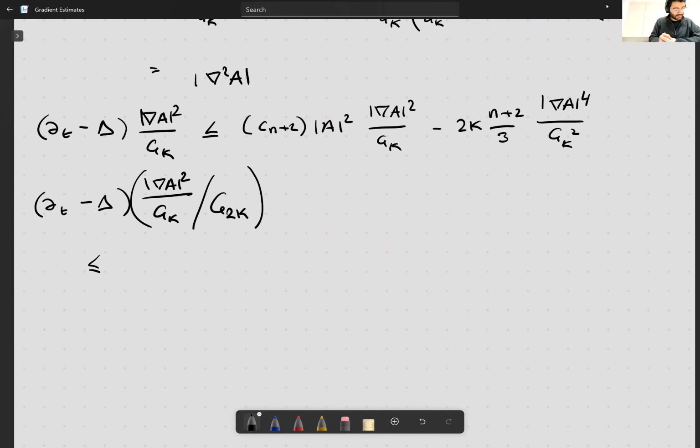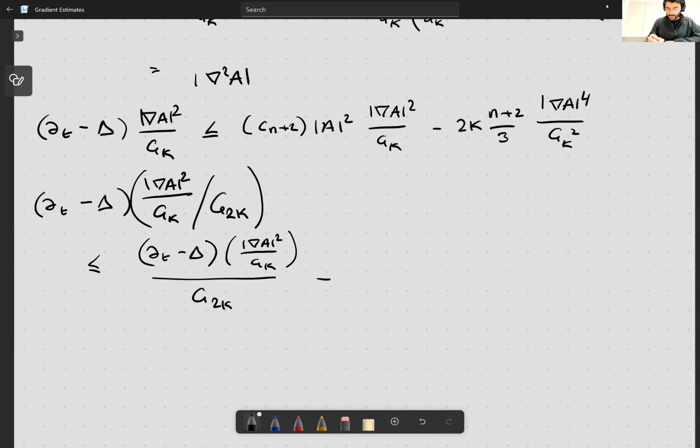So first you get partial t minus Laplacian of the thing on the top divided by G2K minus this part times the heat operator applied to the denominator.